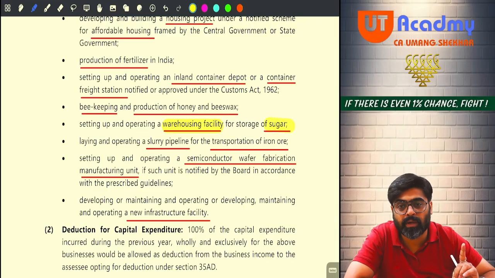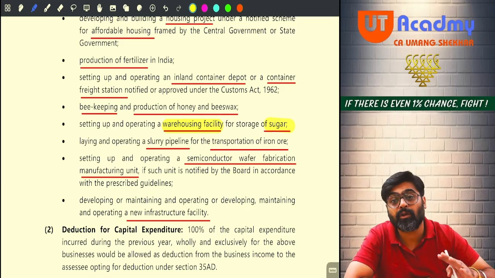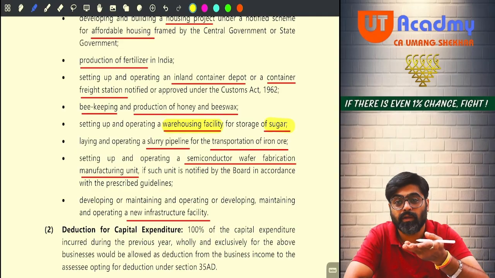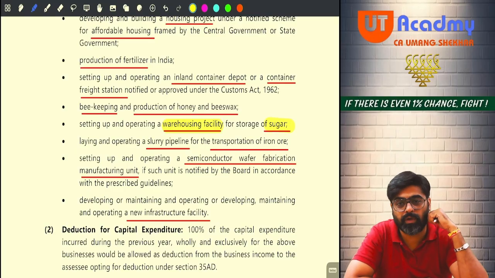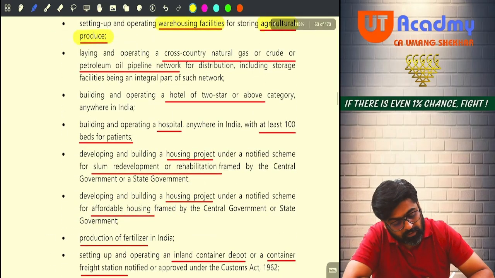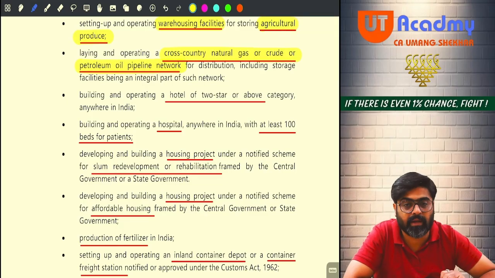Any other product warehousing? No. Only warehousing of agricultural produce or warehousing of sugar. So you are setting up and operating warehouses for agricultural produce or sugar. This is your business. Yes or no? Then next business is cross-country natural gas or crude oil or petroleum oil pipeline network.